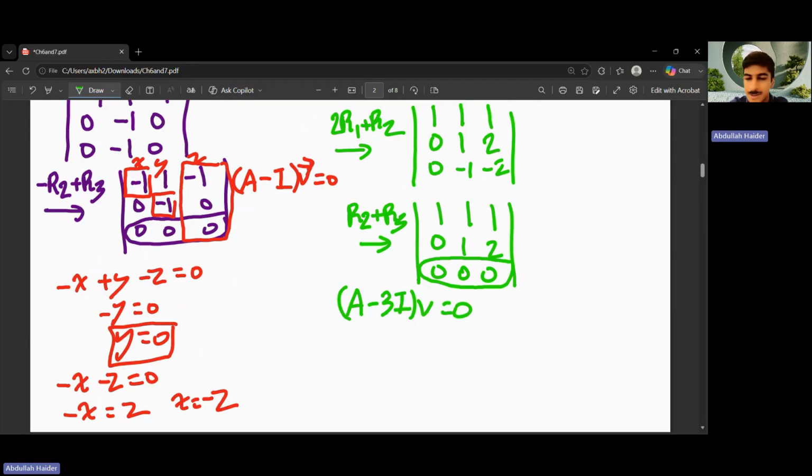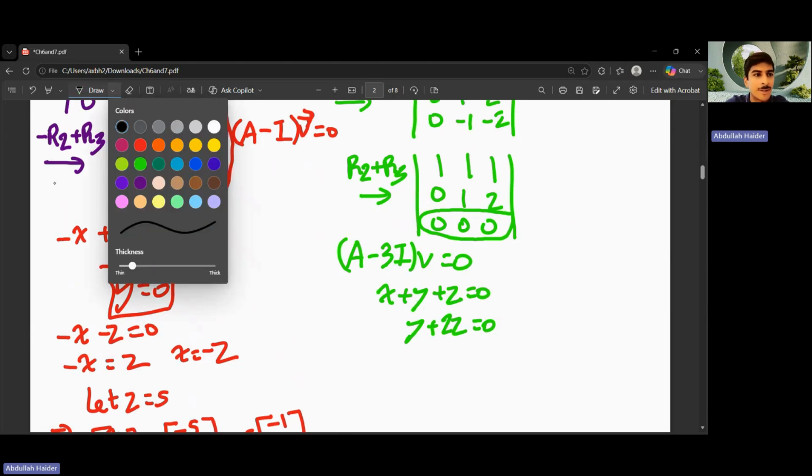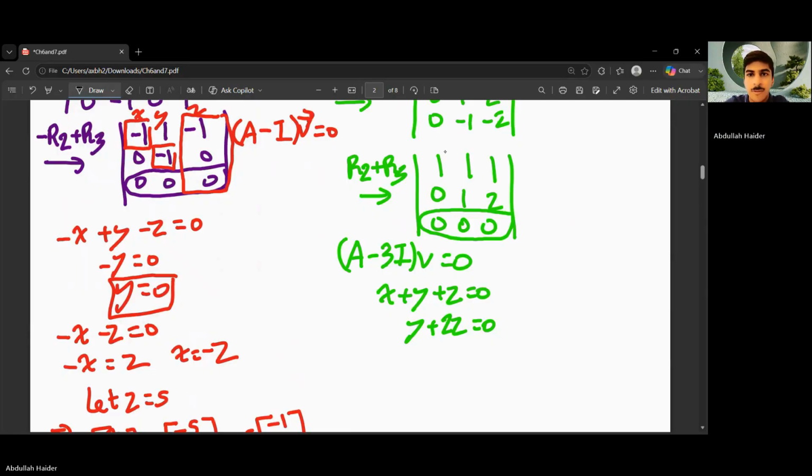It's always good to write it out, meaning x plus y plus z is equal to 0, and y plus 2z is equal to 0. And you should realize that we have a leading one here, and again here. So basically this is x, y, z.